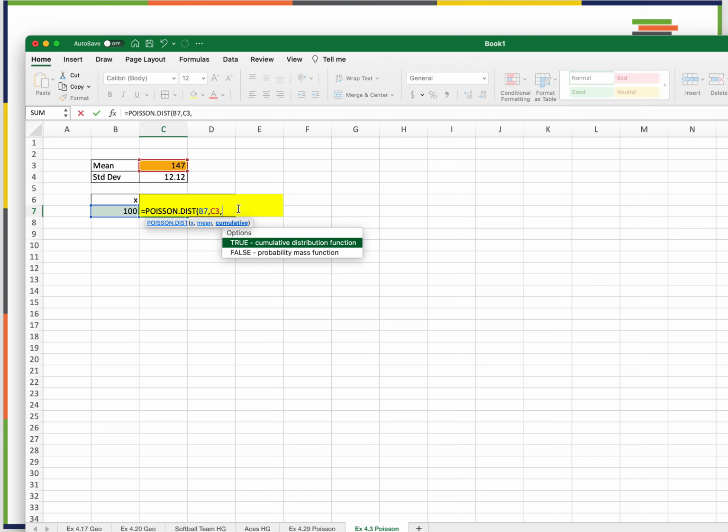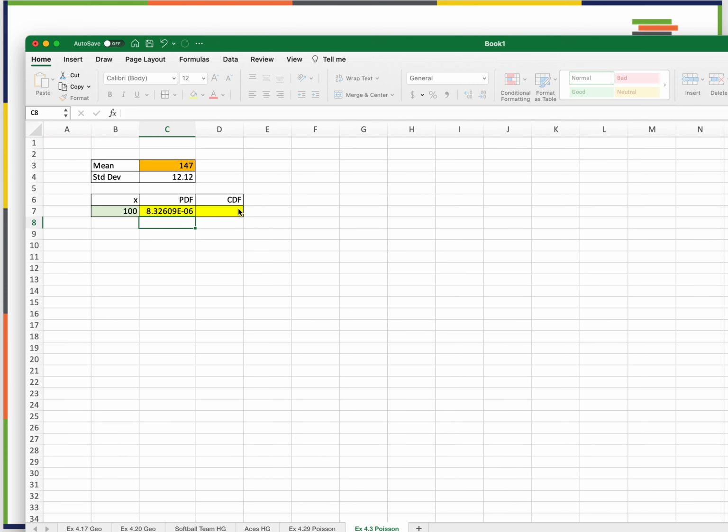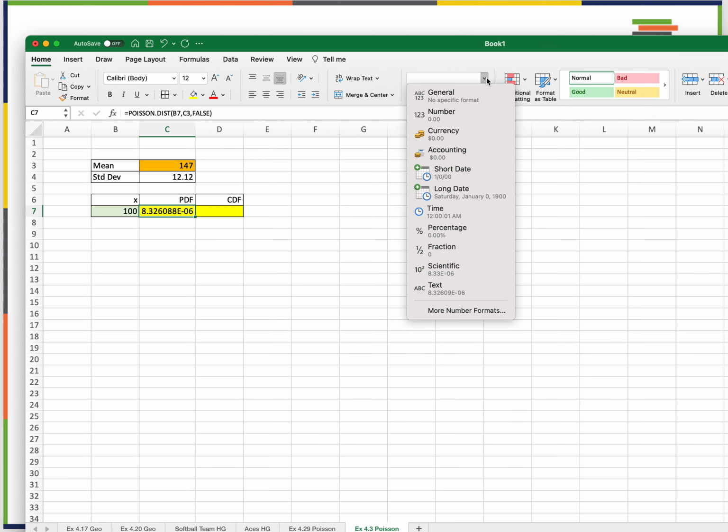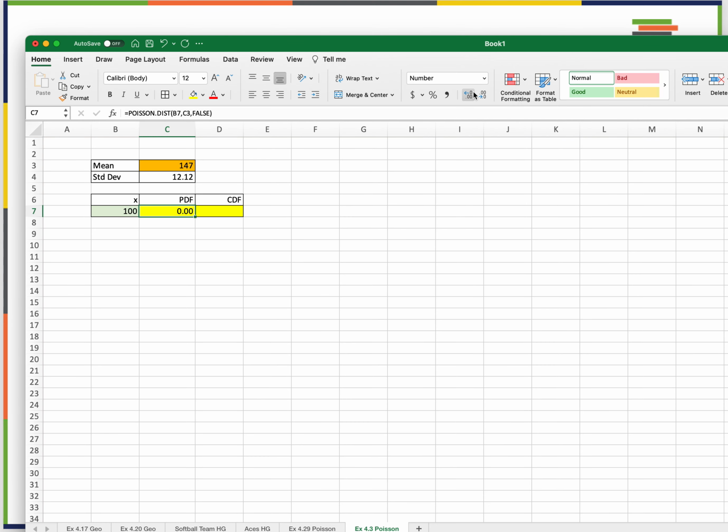But false is also 1. And it comes out to be very small. If I make it to 5 decimal places, it's not going to be very much. My CDF is going to be the same thing.